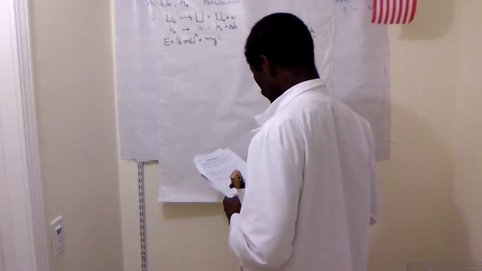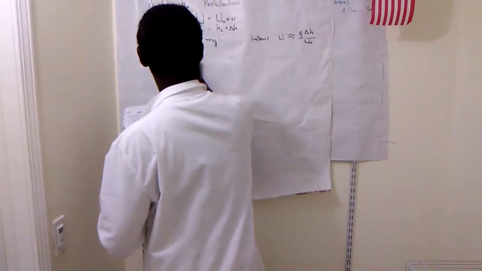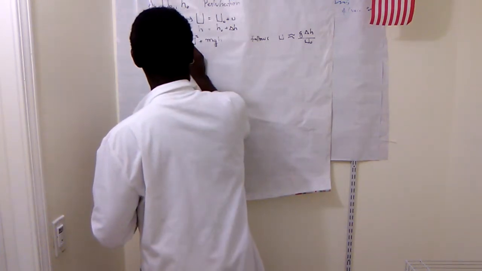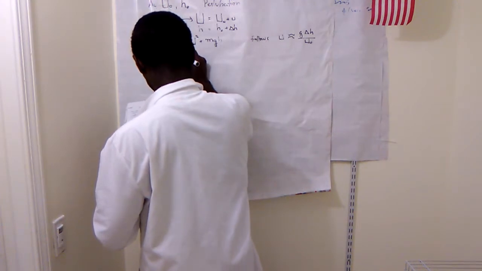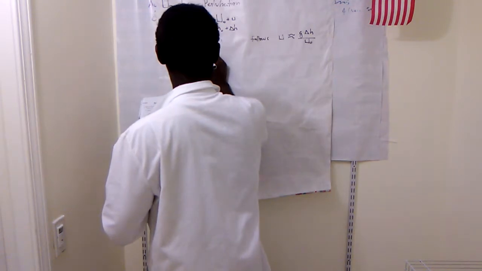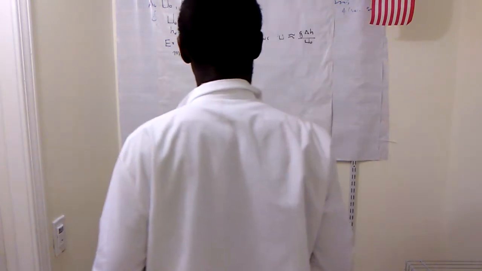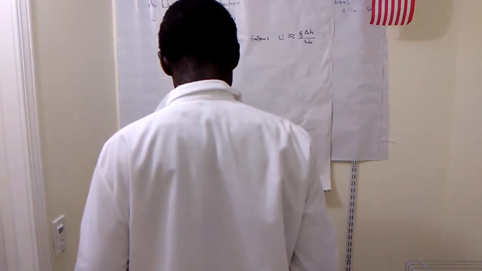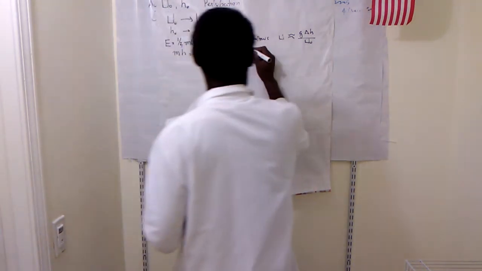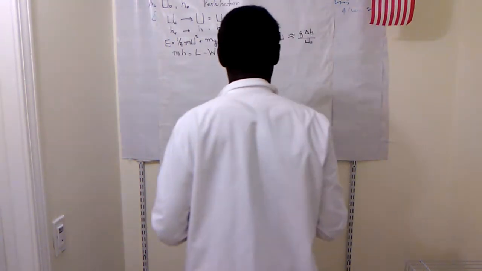And from Newton's laws, we know that in the vertical direction, m times the rate of change of height, m h dot, is equal to L minus W. W represents the weight, where W is equal to mg, that is the mass times the gravity.